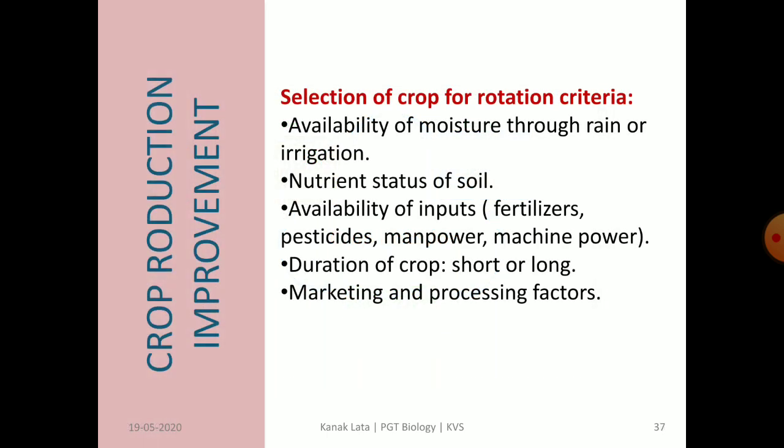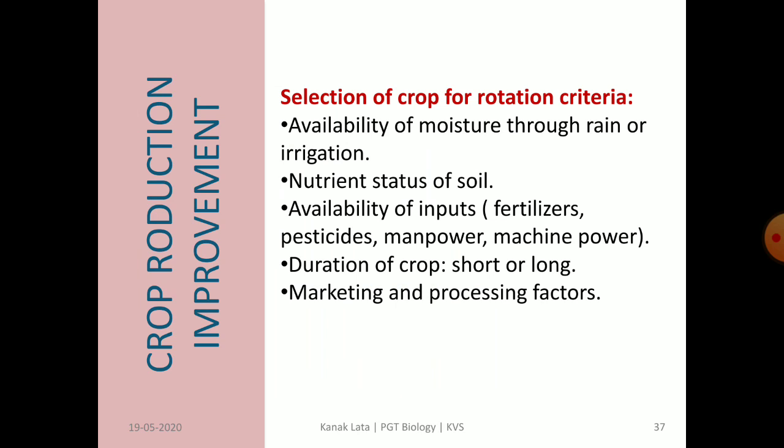Let us see what are the criteria for selection of crop rotation. First criteria is about the availability of water or moisture through rain or irrigation. Second one is about nutrient status of soil. Third is about availability of inputs, that is fertilizers, pesticides, manpower, machine power.